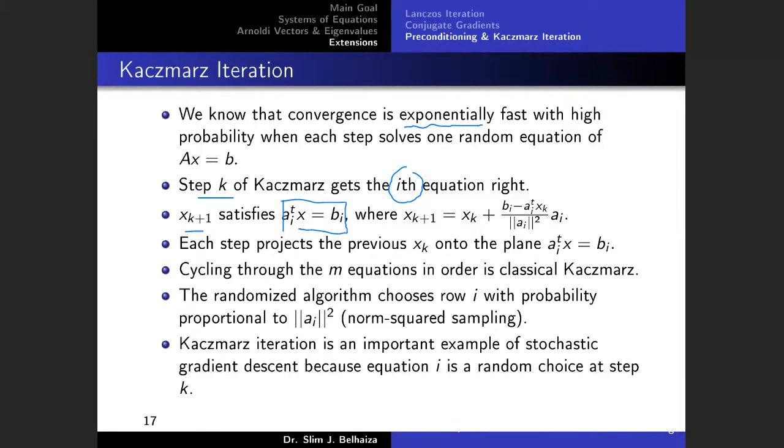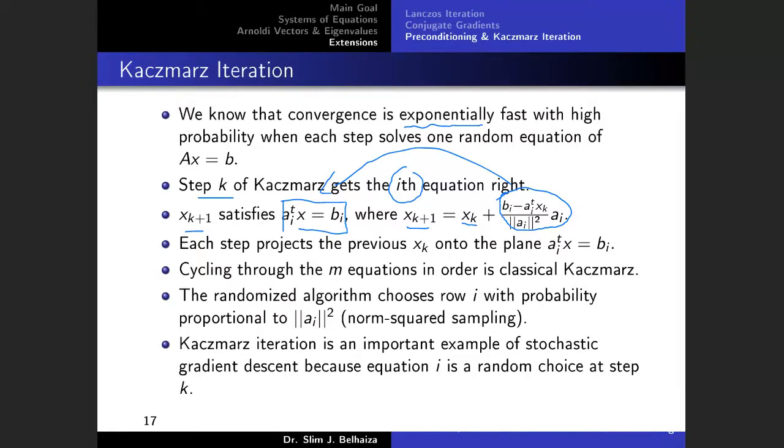So we will have x k plus 1 equals x k plus this mathematical piece, which is the solution, in fact, to the equation you got here. So it's a i multiplied by b i minus a i transpose x k, over the norm squared of a i.